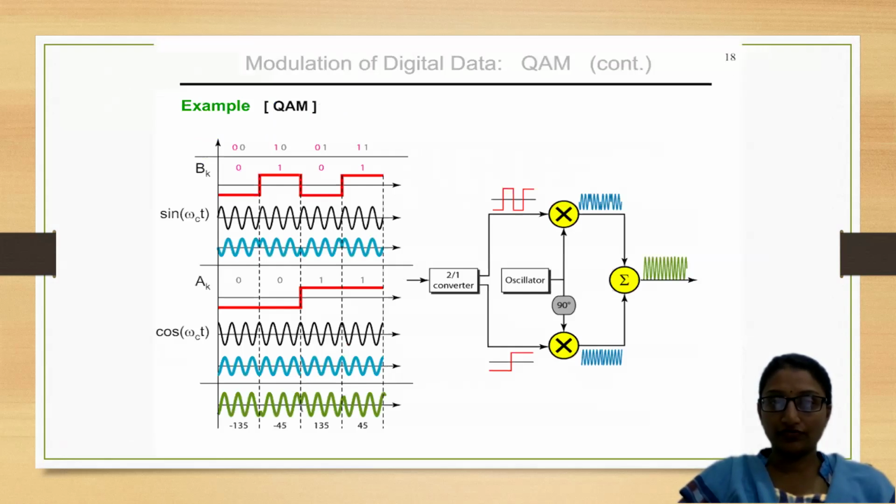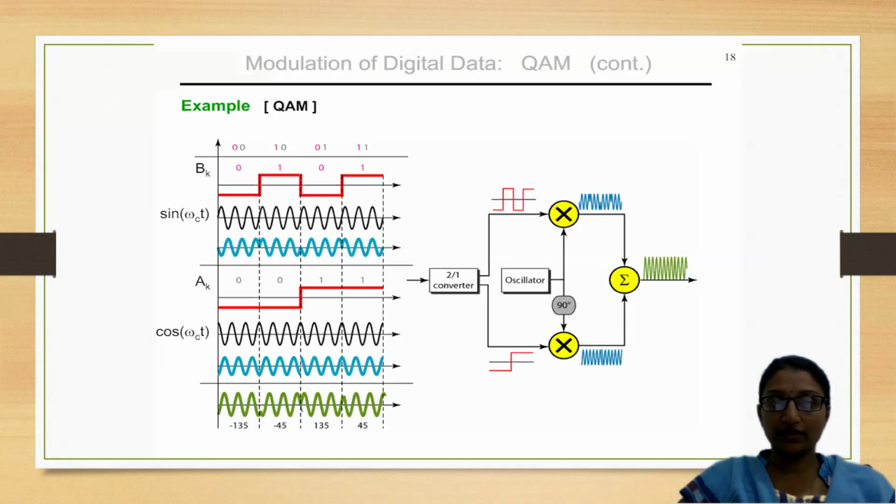An example of QAM you can observe here. 00100111, a 2-bit combination I have taken. I have separated the odd bits and even bits. The first bit combination is 0101 and the other bit combination is 00 and 11. Odd bits and even bits are separated.